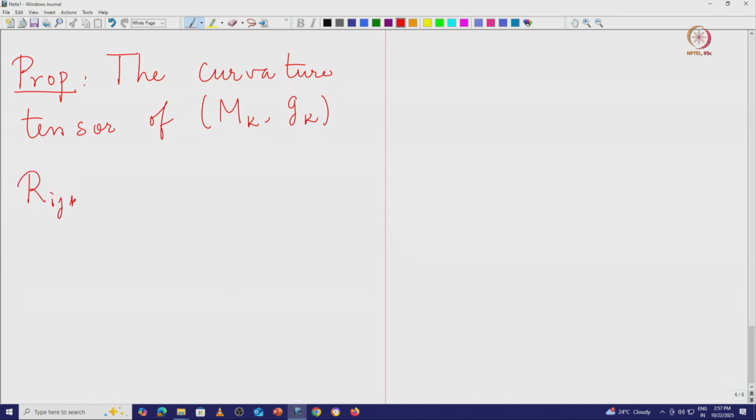So their curvature tensor is given by R_ijkl is kappa times (g_il g_jk minus g_ik g_jl). Okay, so in terms of the metric components, it is given precisely by this, for any choice of coordinates.